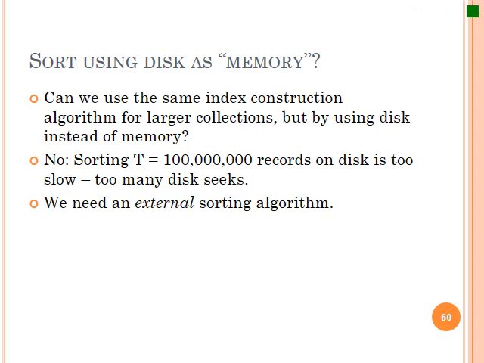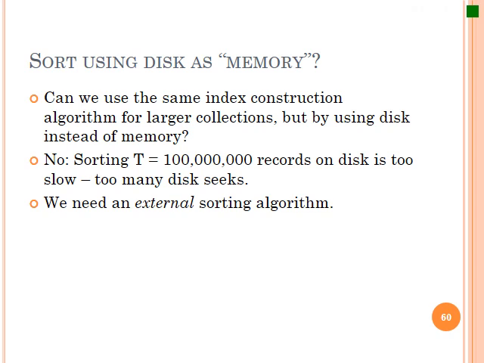As you know, if you want to sort 100 million records on disk, that'll be very expensive. When you sort, you need to compare, and every time you compare, you need to do seeks between two different blocks. That's very expensive, and therefore we need an external sorting algorithm.